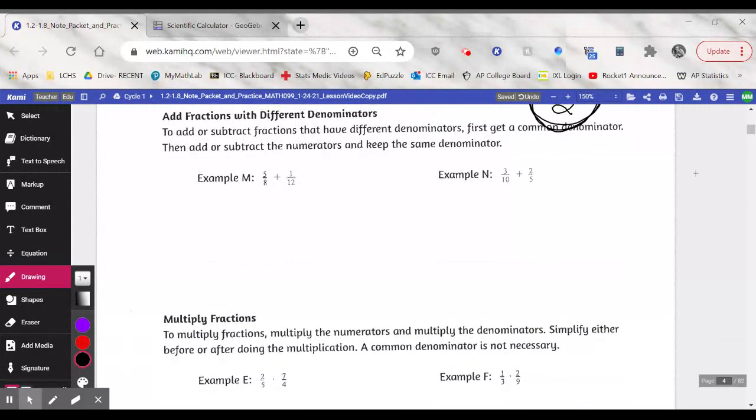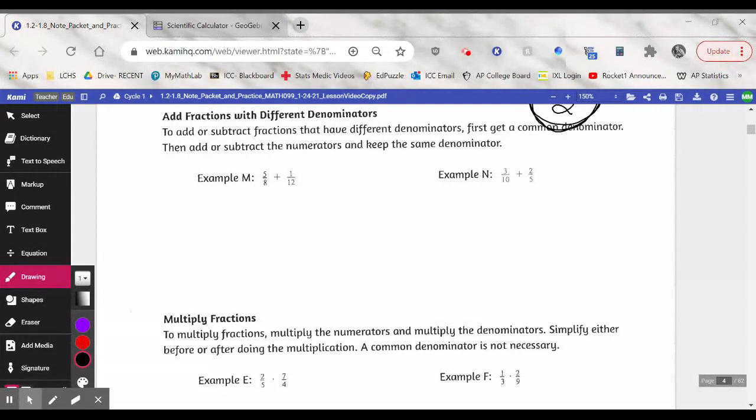Okay, to add fractions with different denominators. These ones can also be done in your calculator. So if you're getting comfortable with using your calculator and you want to just kind of fast forward in the video until we get to multiplying with fractions, that is okay. Don't worry.